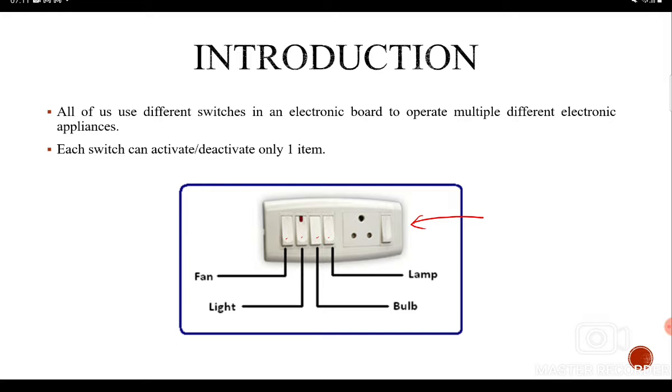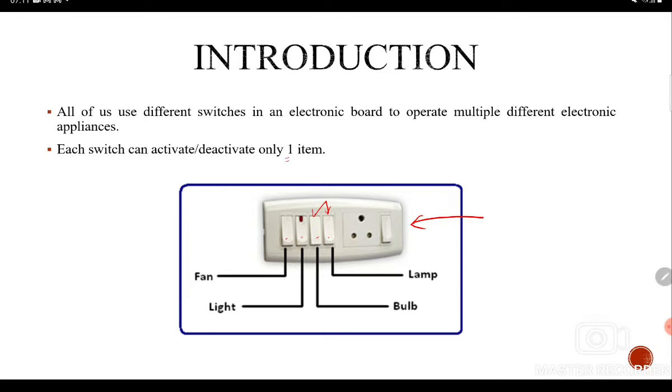Or if we switch on any two switches, then simultaneously two different electronic appliances, or multiple different appliances, might be controlled, okay. However, for one switch, we can activate only one item.